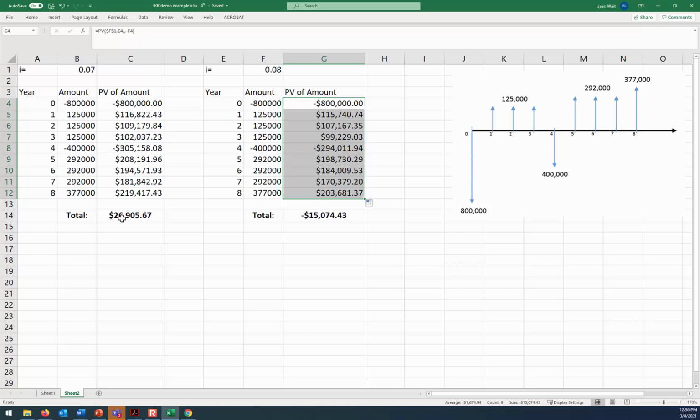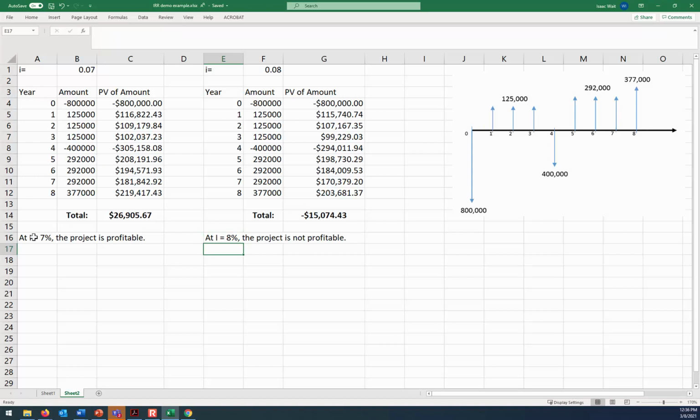then it shows if we have a 7% rate of return, a 7% discount rate, then the project is profitable. So our interpretation of this is at i equals 7%, the project is profitable, but then at i equals 8%, the project is not profitable.